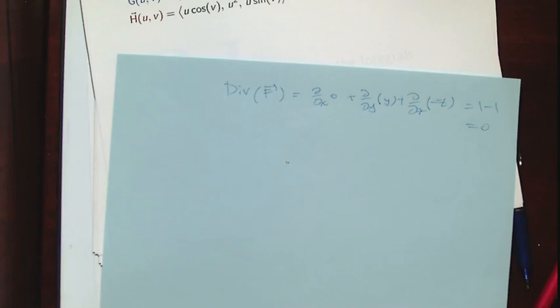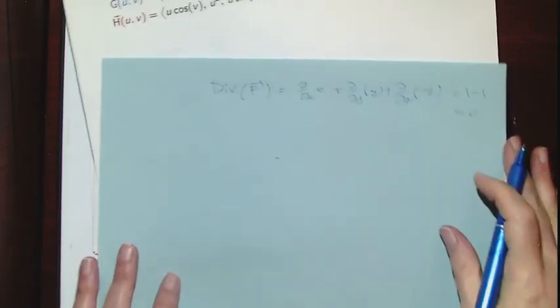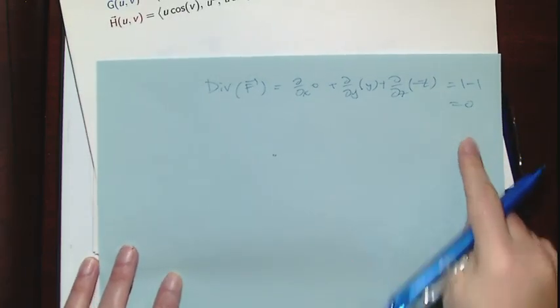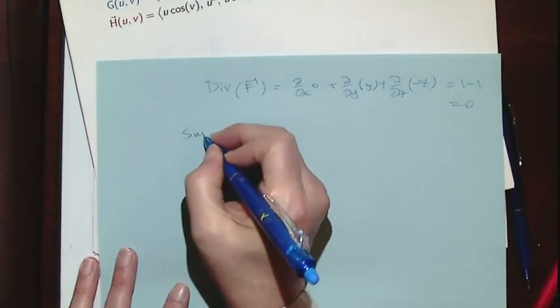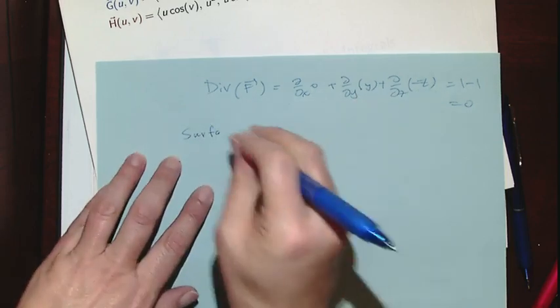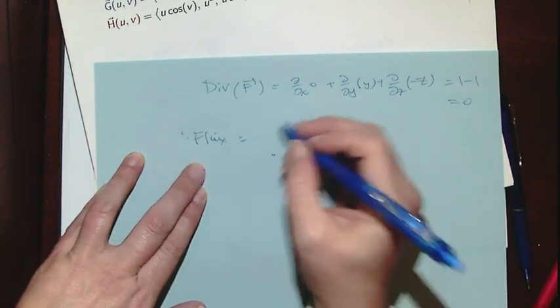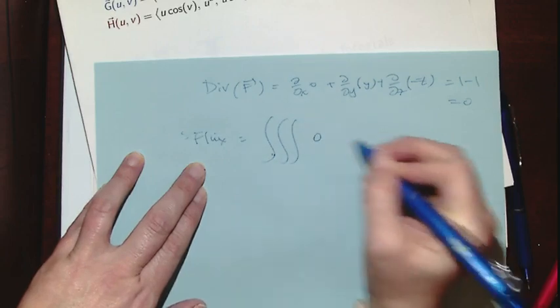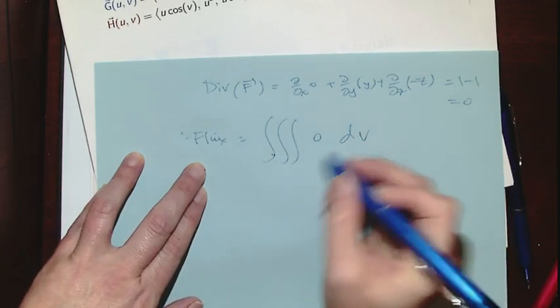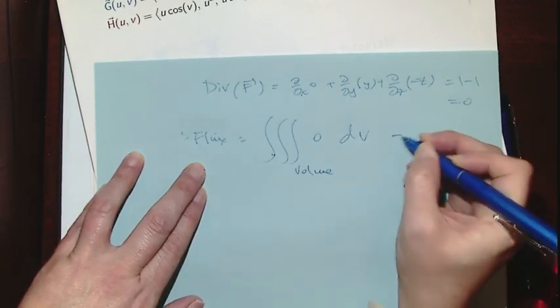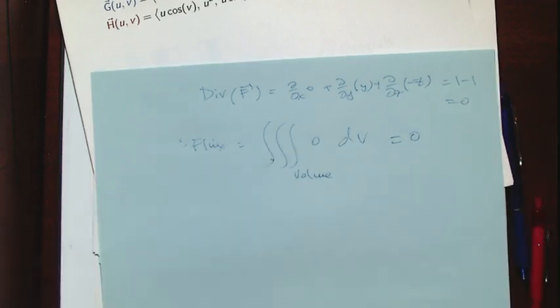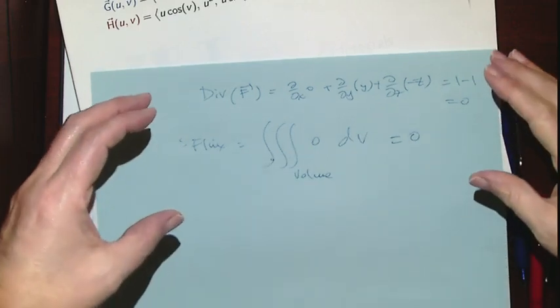Was that not enough? Was it painful enough for you guys to remember? Divergence 0. So the surface integral, the flux, is just equal to the triple integral of 0 dV on the volume, equal to 0. So I could have done this instead.